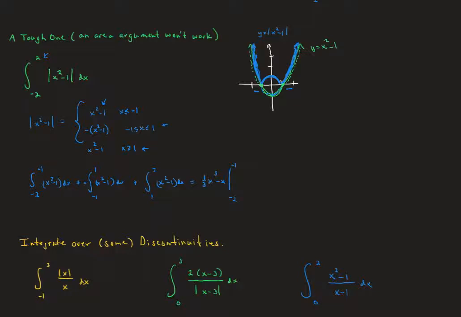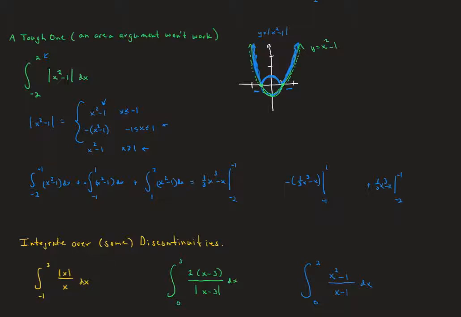Then we're going to get the same thing on the other part, except it's going to be a negative of 1/3 x cubed minus x, evaluated from -1 to 1, and then back to 1/3 x cubed minus x, going from -2 to -1. Okay, let's see what we get here.